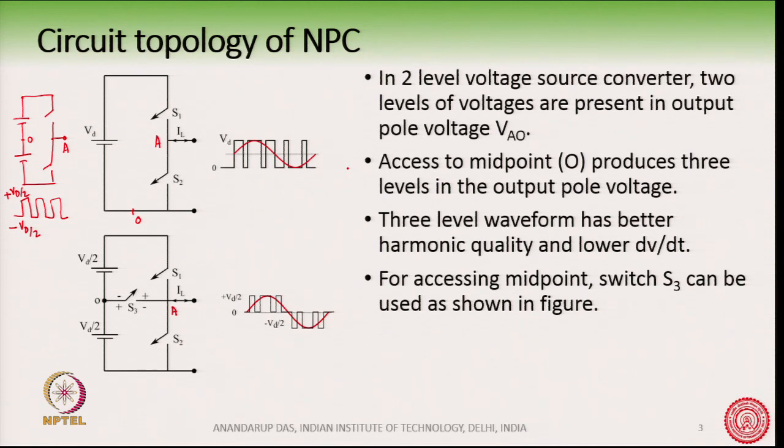In case of a 3 level inverter, however, this 0 point is actually present in the converter, it is physically accessible and used. So, this is a physical point inside the converter to which we have connected the switch S3.